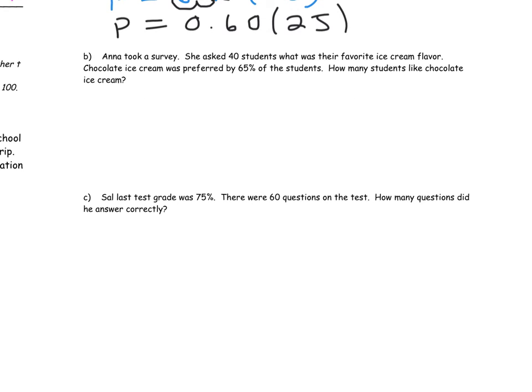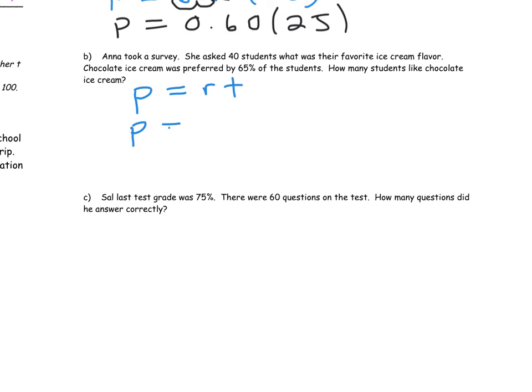Let's look at letter B. Anna took a survey. She asked 40 students what was their favorite ice cream flavor. Chocolate ice cream was preferred by 65% of the students. How many students like chocolate ice cream? Please set up an equation using part equals rate times total, and look back at your answers.